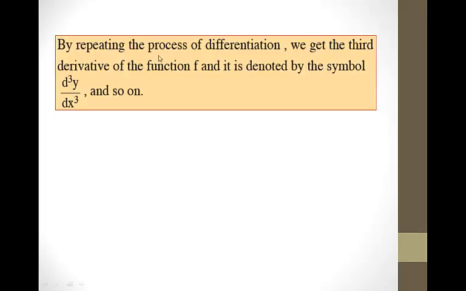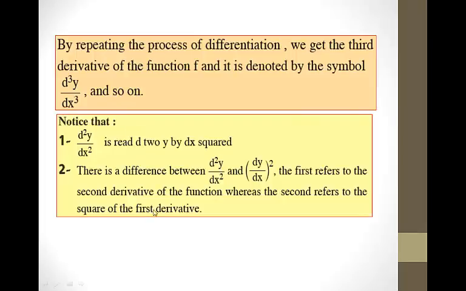By repeating the process of differentiation, we get the third derivative of the function f, and it is denoted by the symbol d3y over dx power 3, and so on. Note that d2y by dx squared is read d2y by dx squared.